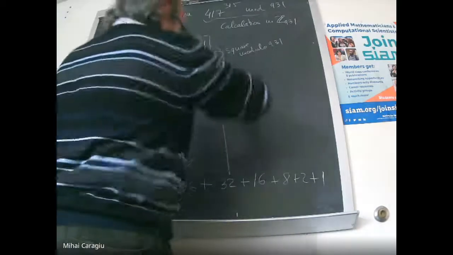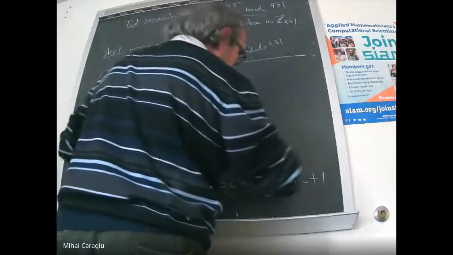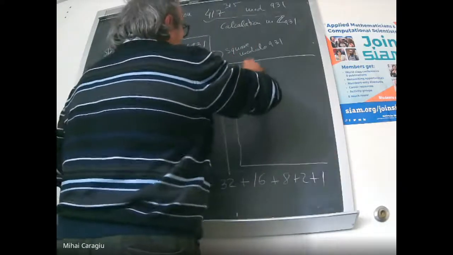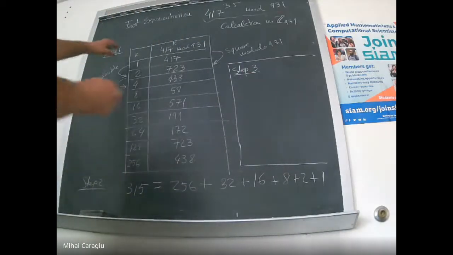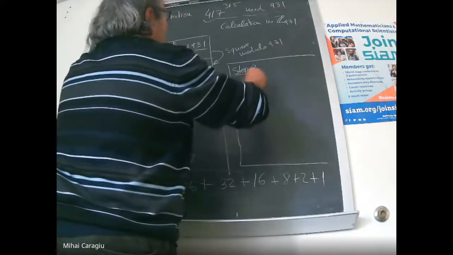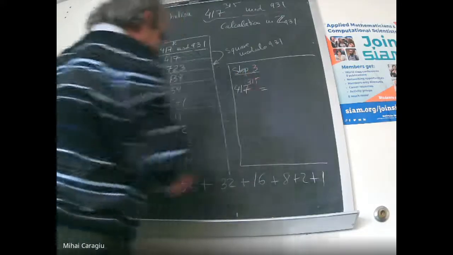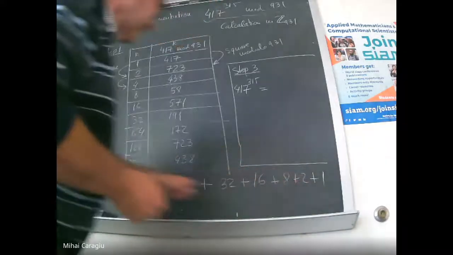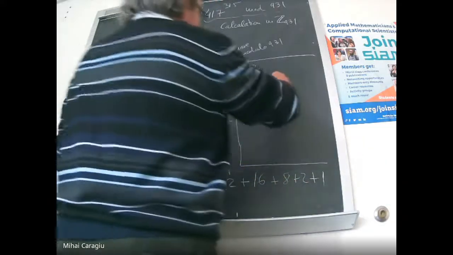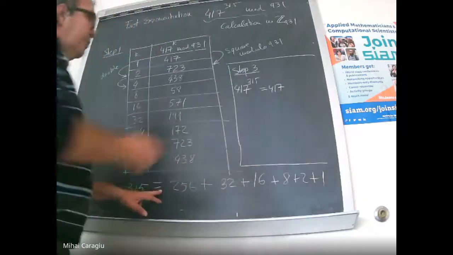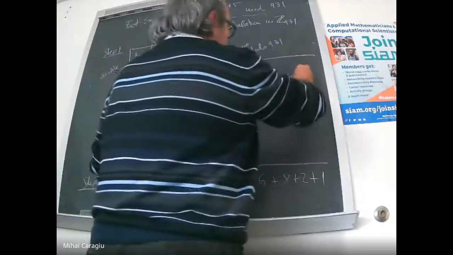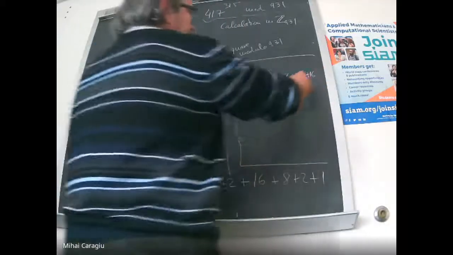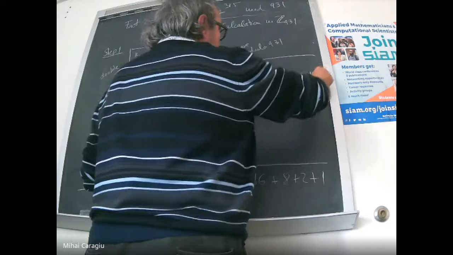Step 3. 417 to the power 315 is the sum of those items. So 417 to the power 256 plus 32 plus 16 plus 8 plus 2 plus 1.